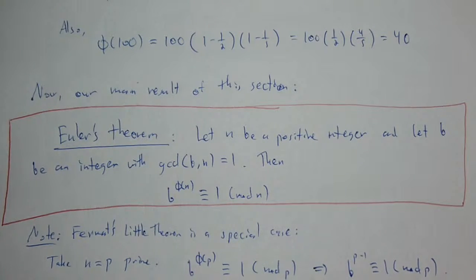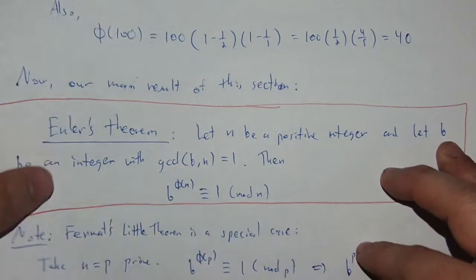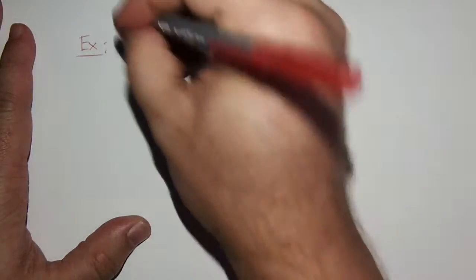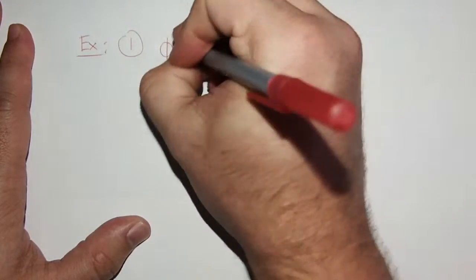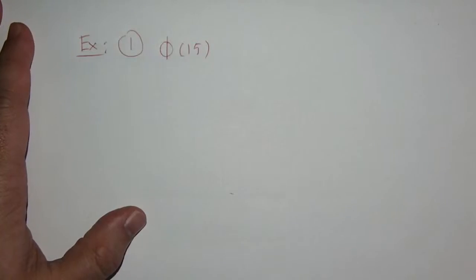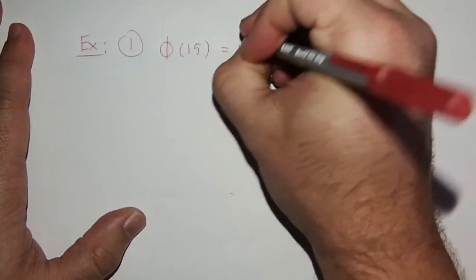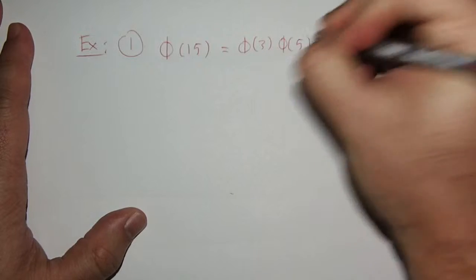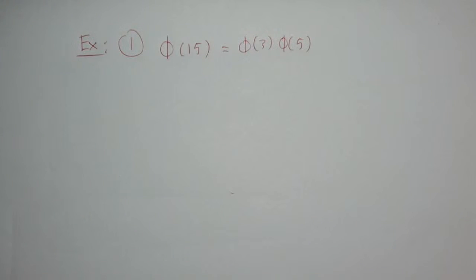So a couple of examples of applying this. For instance, note that phi of 15 is phi of 3 times phi of 5.